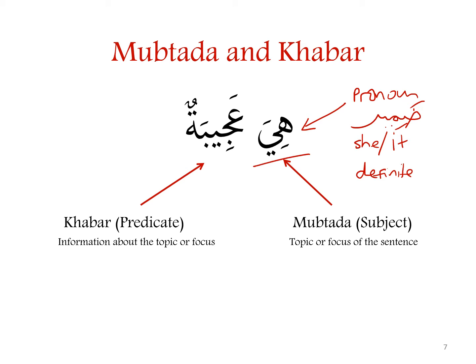So here is the mubtada, it's ma'rifa. Ajibatun is the khabar, and you can see it's indefinite. Ajibatun means strange. So the word is comes between the mubtada and khabar. We can say it, being more suitable to the context, it is strange. So this is a nominal sentence.